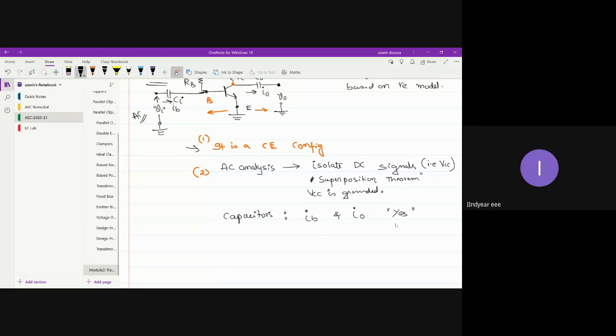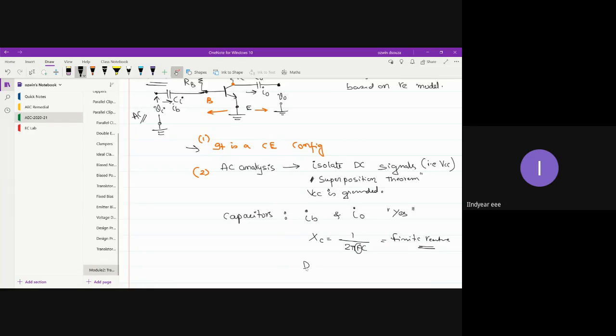No, sir? Why no? AC can flow. XC is 1 by 2 pi f C. This AC signal will have a frequency, so you will have a finite reactance, whether ohms or kilo ohms, whatever it may be. So AC can flow through.